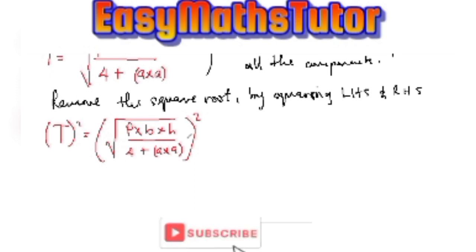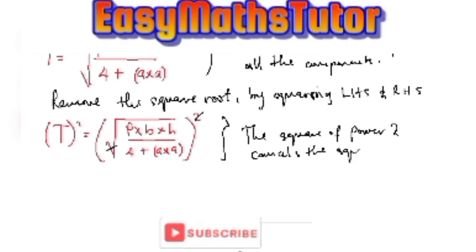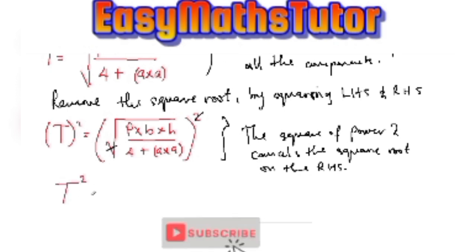And then we'll end up having t square equal to pbh all over 4 plus a square. Remember that the square of a square root cancels out that square root. Okay, so this is what we'll have.